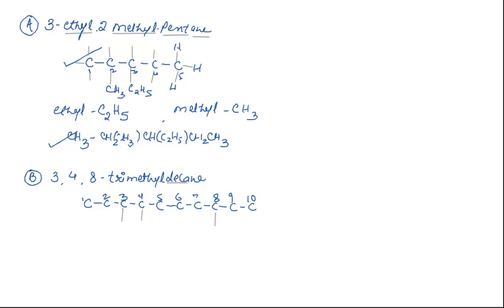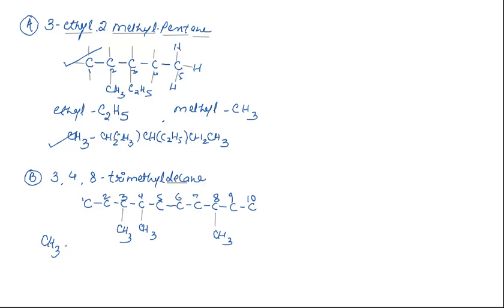We are having methyl groups. What is the formula of methyl? It is CH3. So what I'll do here? I'll put a CH3 here. I'll put CH3 here. And I'll put CH3 here.